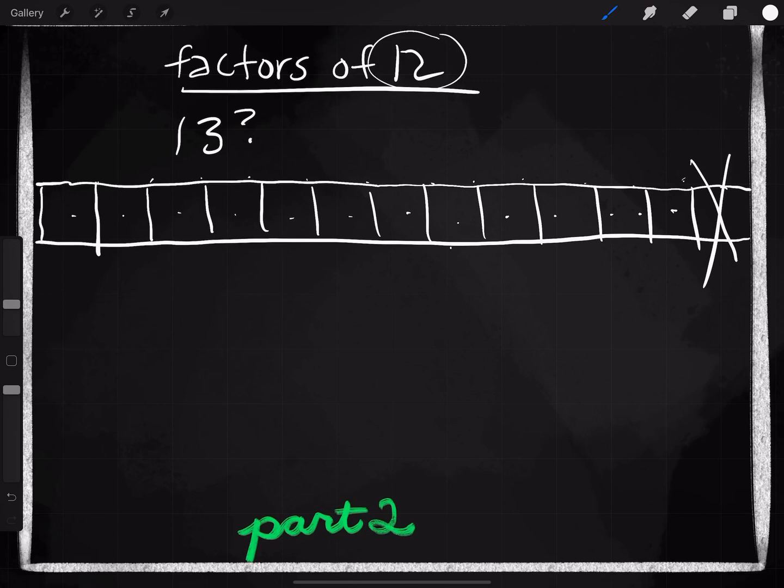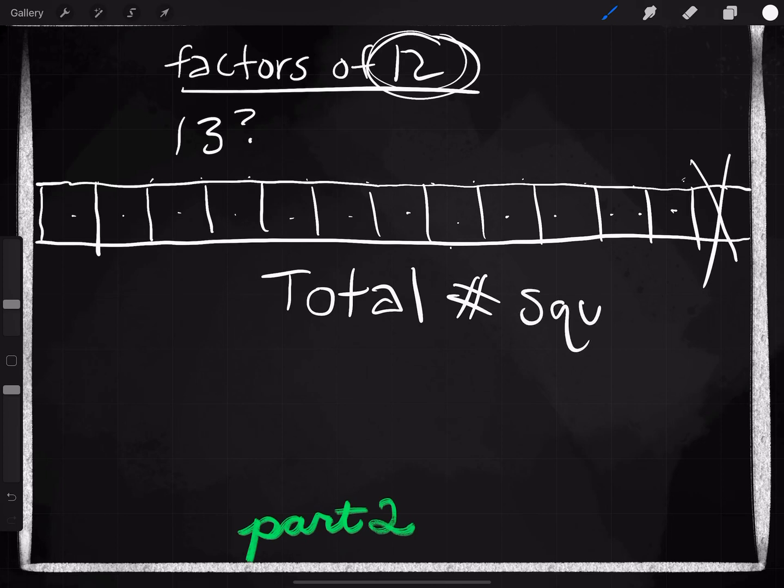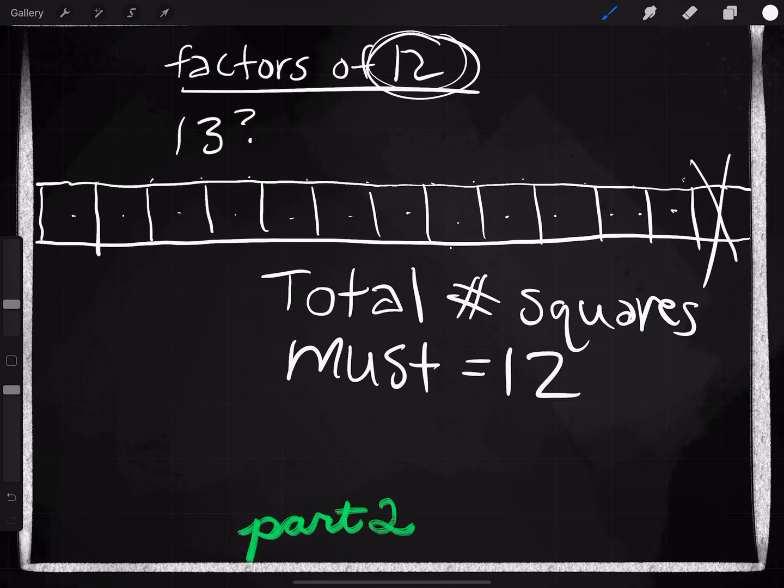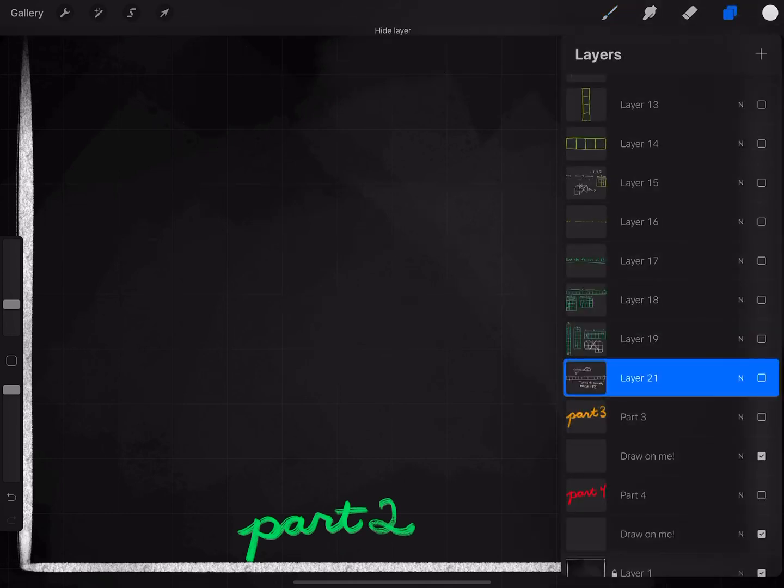Because the total number of squares has to equal this number up here. Total number of squares, in this case, must equal 12. So you cannot add more than 12 squares if you're finding the factors of 12. Just a side note there.